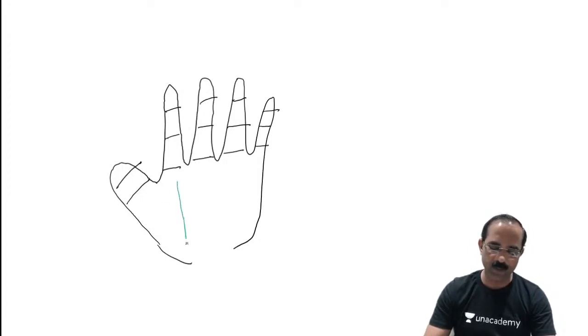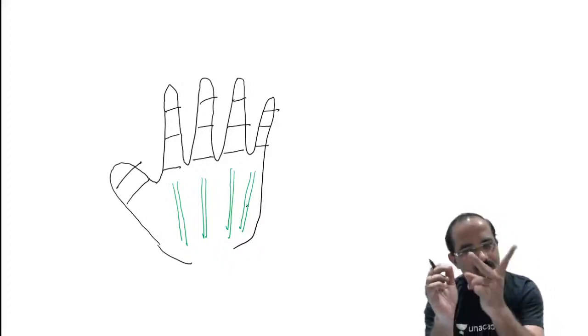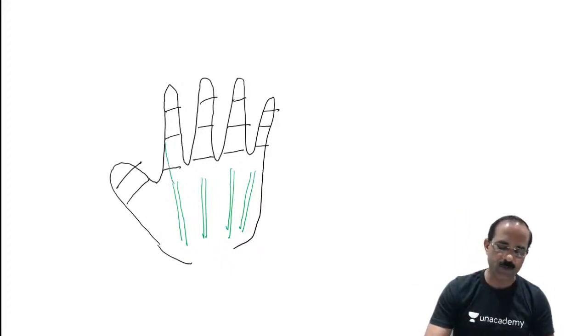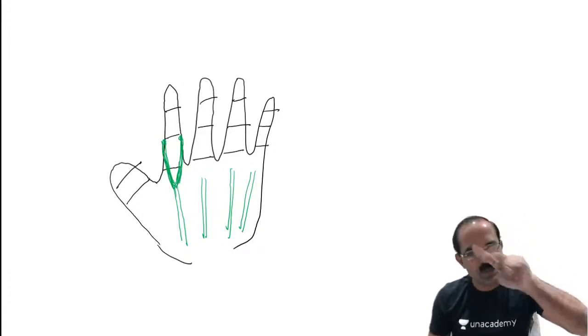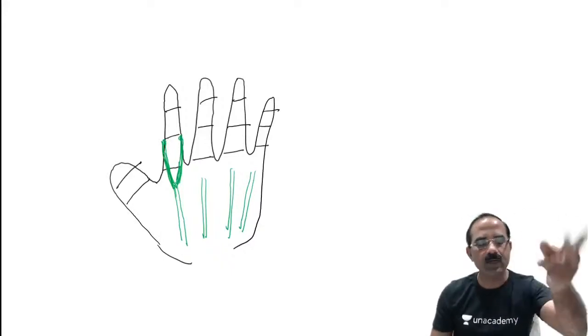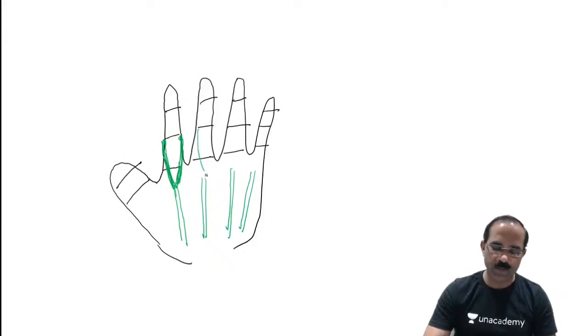Each tendon divides into 2 slips like this, and it is inserted on either side of the base of the middle phalanx. So this is the tendon of flexor digitorum superficialis.